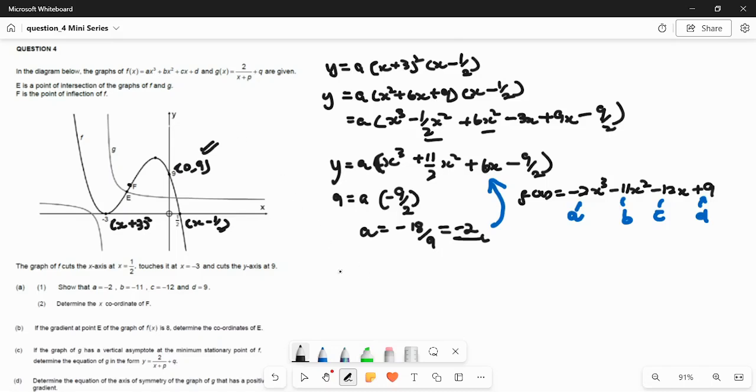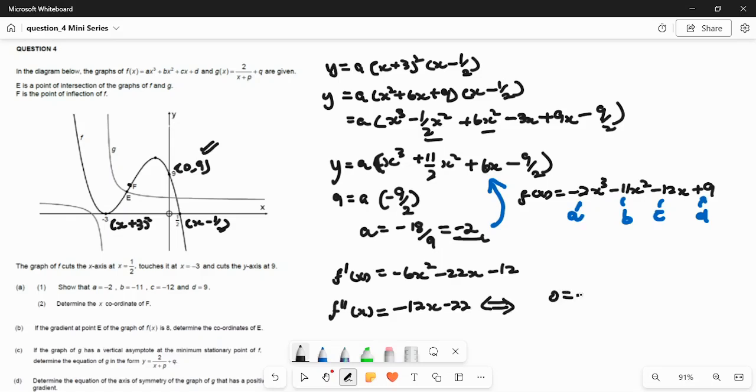So what I will do, I'll take the first derivative, f prime, of that function. That's going to be negative 6x squared minus 22x minus 12. And then the second derivative, that's going to be minus 12x minus 22. And then I'll equate this to 0.